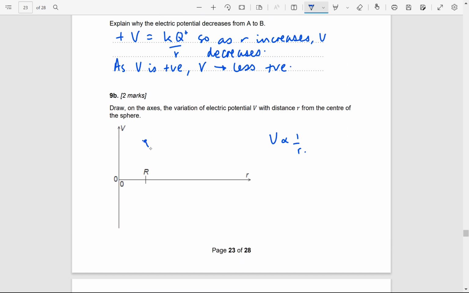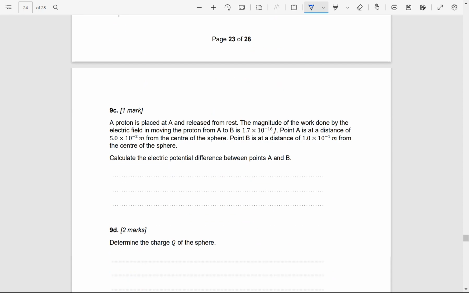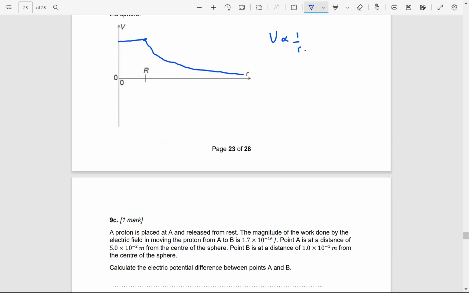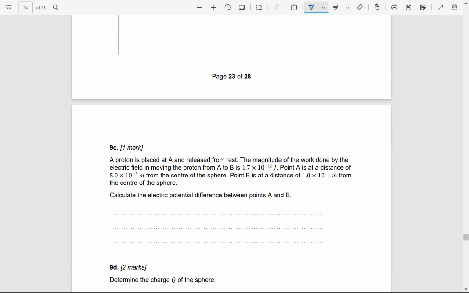So it's something like that. Might be a bit steep. And then inside, it's a constant value. Doesn't go up, doesn't go down, it's constant.